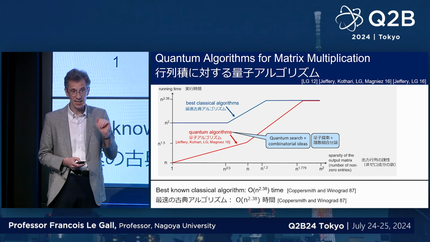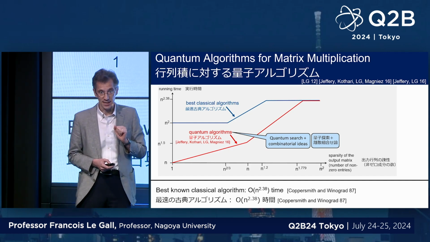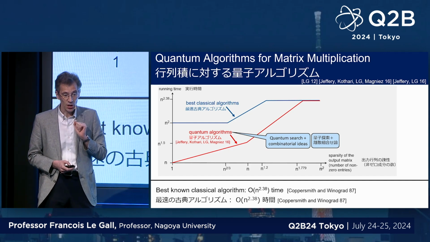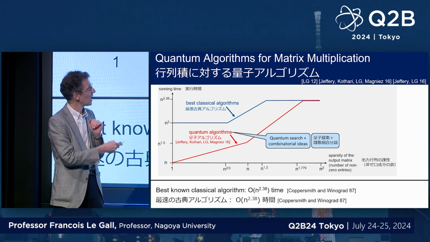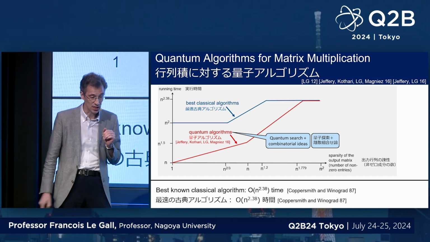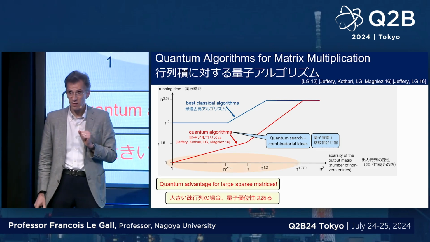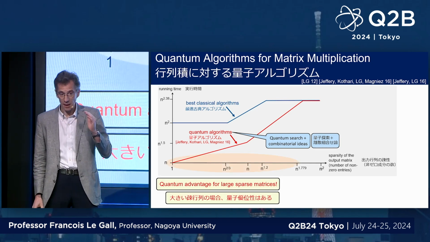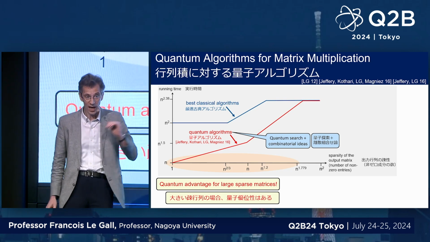And the vertical axis represents the complexity in log scale. You can see that if the matrices are extremely dense in this region, you don't get any advantage. But if the output matrices are reasonably sparse, then you do get an advantage.